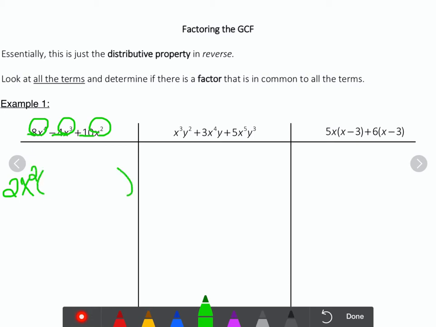Okay, when we're taking out a 2x squared, again, we're just doing the distributive property in reverse. So it's like we're dividing out 2x squared instead of multiplying, which is what the distributive property has us do. So when I divide out that 2x squared, I'm left with 4x squared minus 2x plus 5.